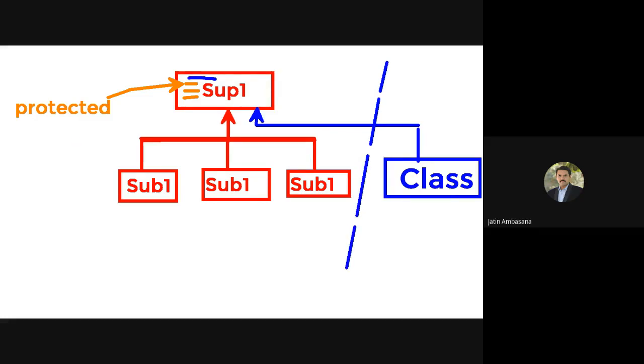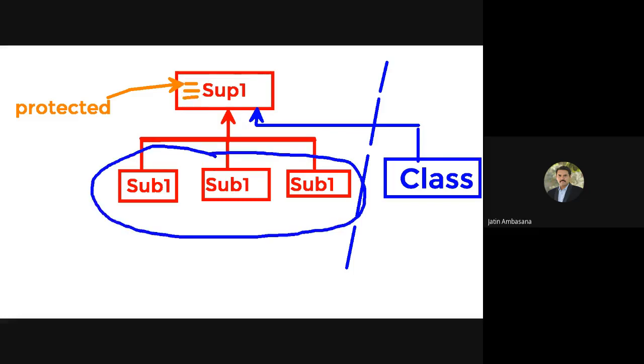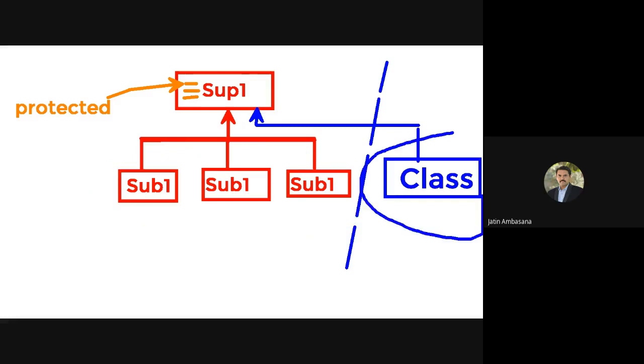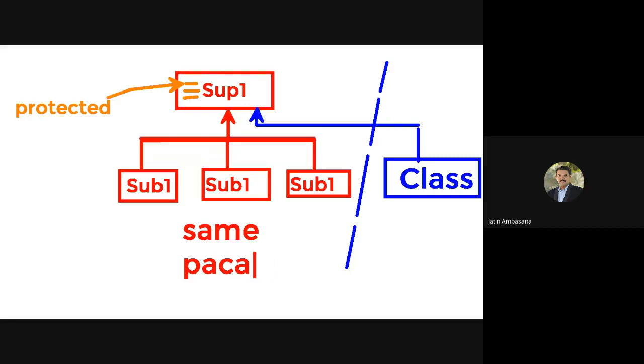So protected variables are accessible to subclasses in the same package and also to direct subclasses in a different package. This is the same package, and this is a different package.